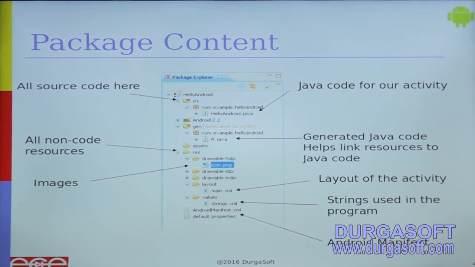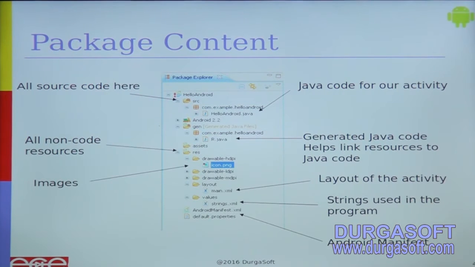This is how the package contents, or the package explorer, looks when you create an application. The very first is Hello Android, the application name, and src is the folder where all your packages are present.